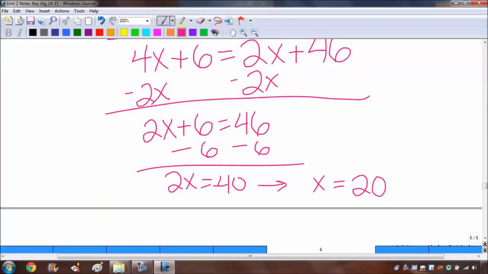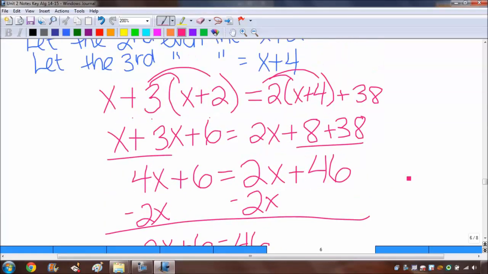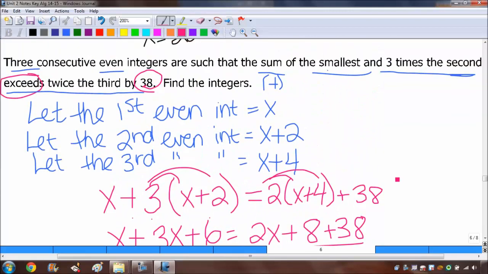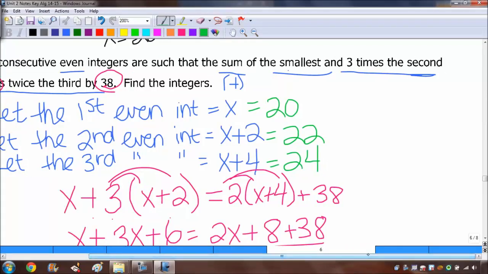If you get an odd number, then something went wrong as well, because all the numbers are supposed to be even. So that means if x is 20, my first integer right here is 20, the second integer is 22, and the third integer is 24. So my 3 answers are 20, 22, and 24.